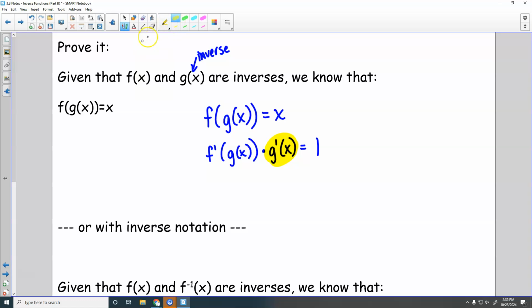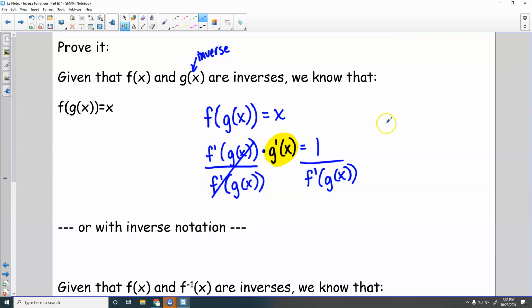So if I want to solve this for the derivative of the inverse, I just divide by f prime of g of x. Okay, so g prime of x equals 1 over f prime of g of x.